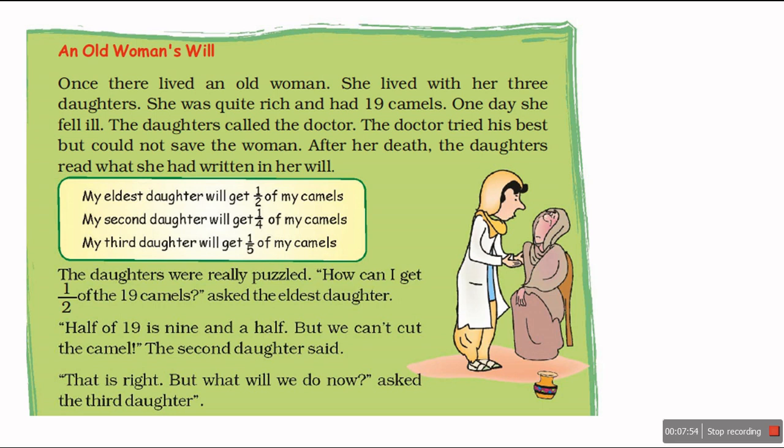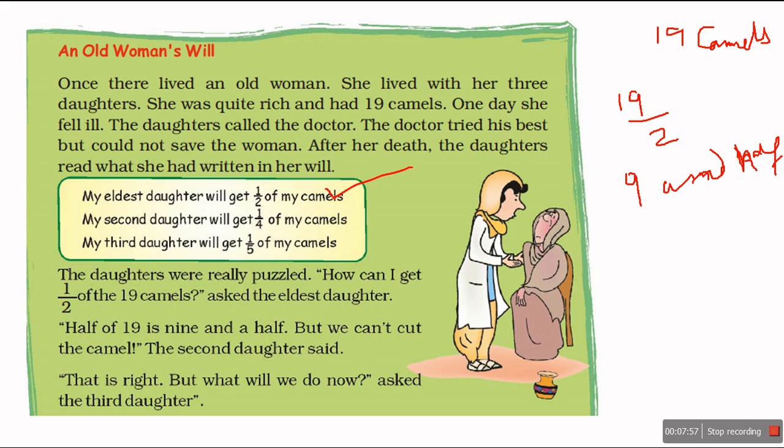Now this is the problem. Why? Look at this. How many camels? 19 camels. How much will the eldest daughter get? Half of the camels. 19 camels total. If I divide in half, 19 half is 9 and a half camels.